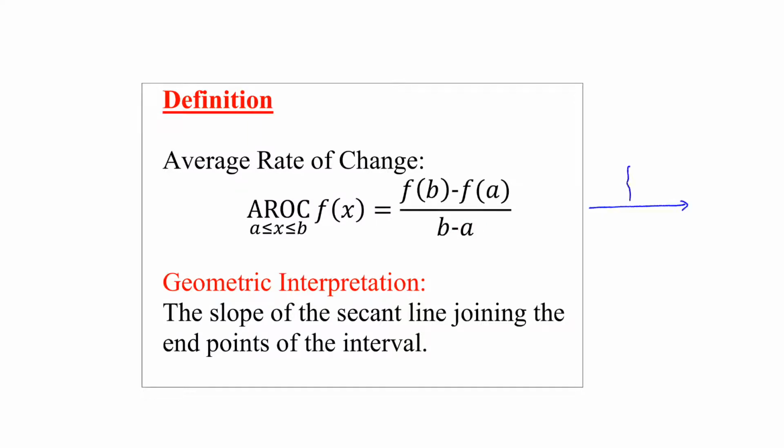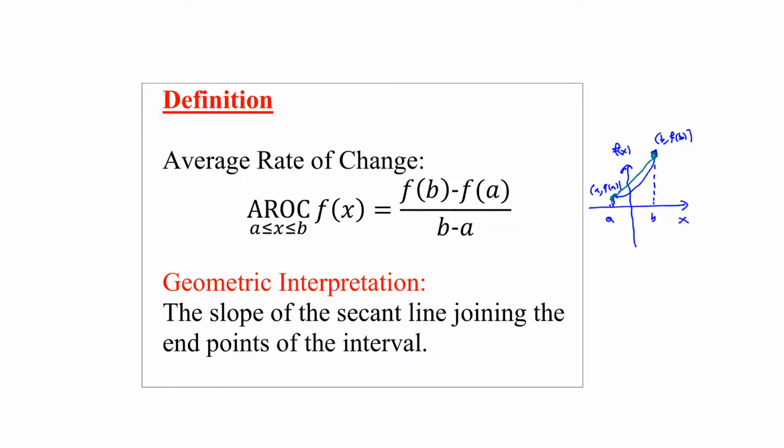If you look at the graph of f of x and assume the endpoints are a, f of a and b, f of b, then f of b minus f of a divided by b minus a is the slope of the line joining the endpoints.